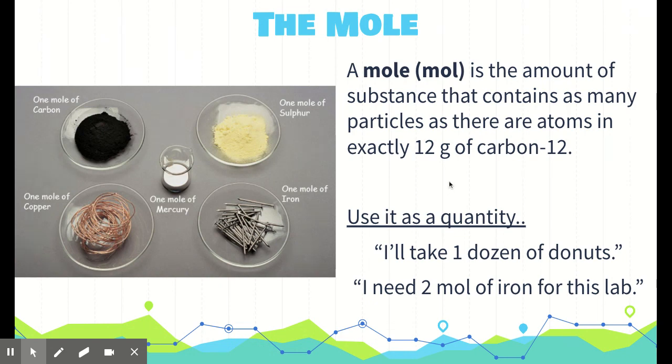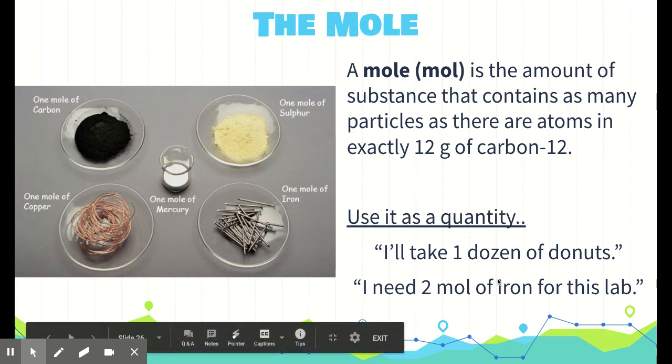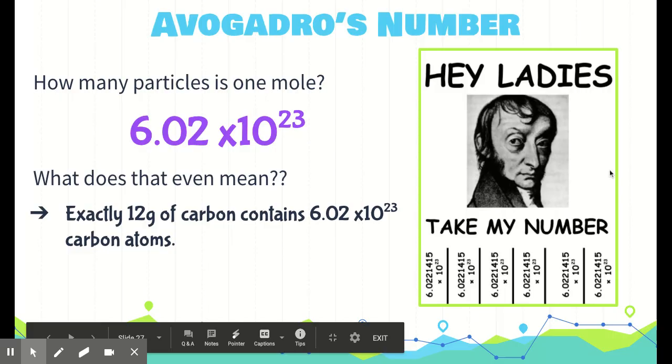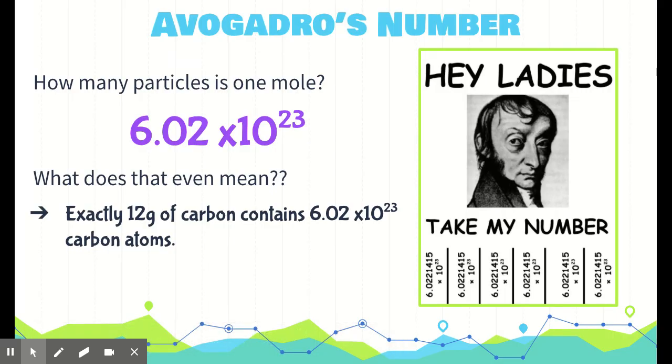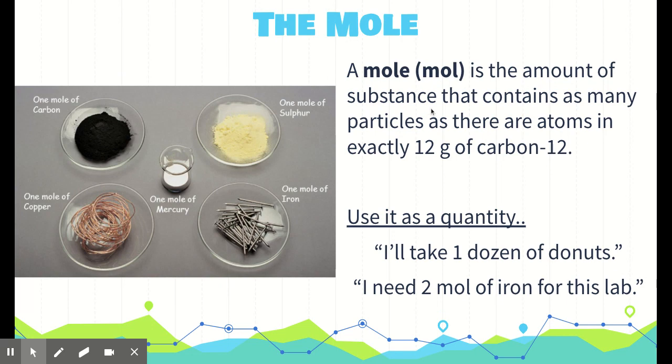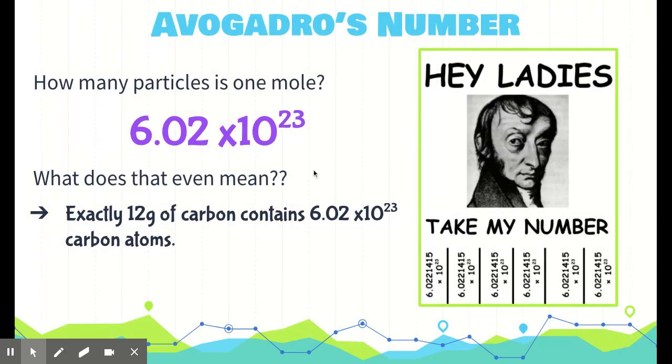If you see that you need 2 moles of something, that's just a measurement, and I'll talk about right now how to figure out how much that is. Avogadro's number, how many particles are in 1 mole, is 6.02 times 10 to the 23rd. If we go back, we talked about 1 mole being exactly 12 grams of carbon-12. That number is Avogadro's number.